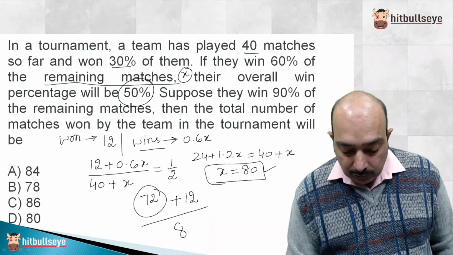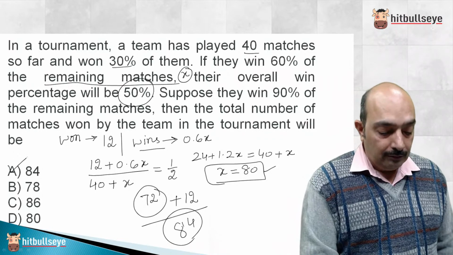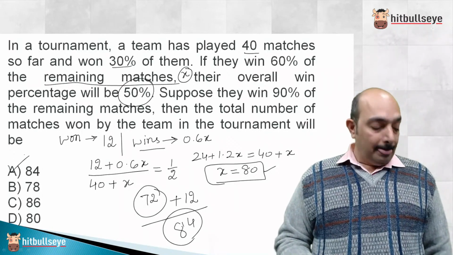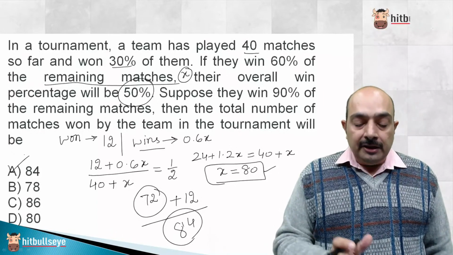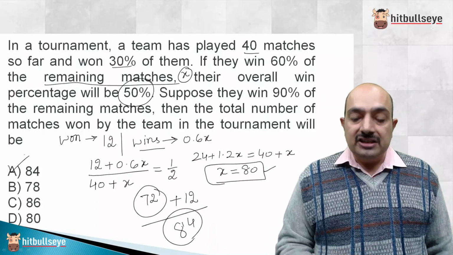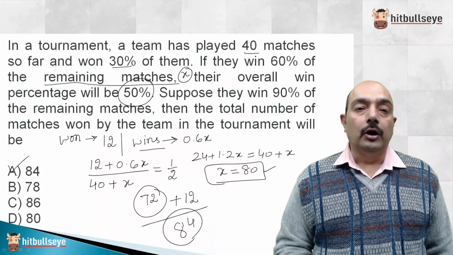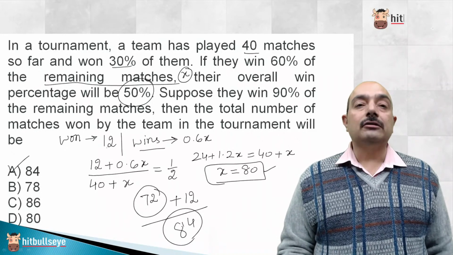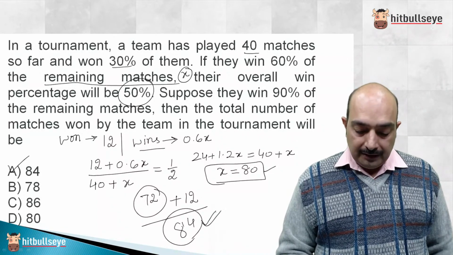So the answer to this question is 84, the first option. Rahul got it sorted later on, but initially, please be cautious. 80 were the remaining matches, whereas the question is asking for the total matches won. So that would be 12 plus 90% of 80, which is 72. 72 plus 12 gives us 84.